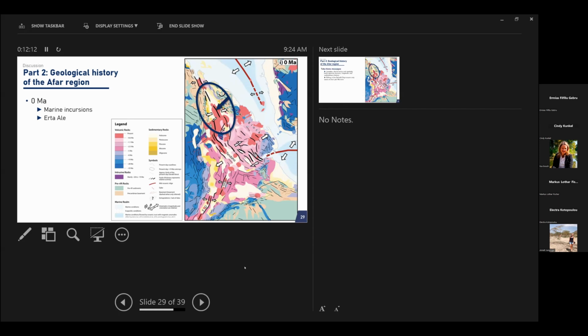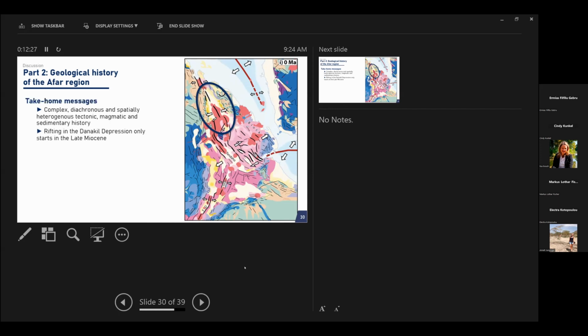That's also the time where we develop the Ertale range here, the volcanic range, which a lot of people among you study, and Emma can tell you more about this if you're interested. So that's the last phase.